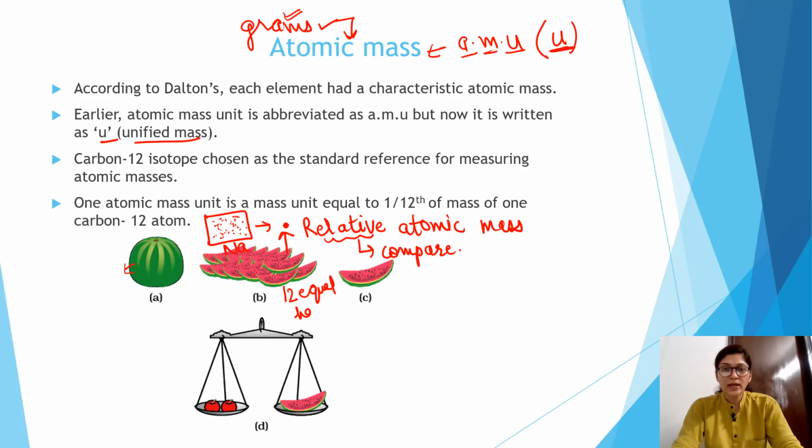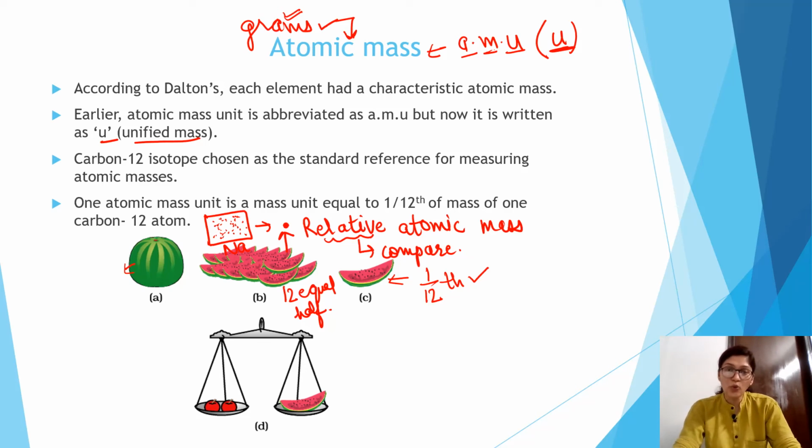And you will get a single piece, right? Then how will you call this single piece? You will say that I get 1 by 12th part of this entire watermelon, right?